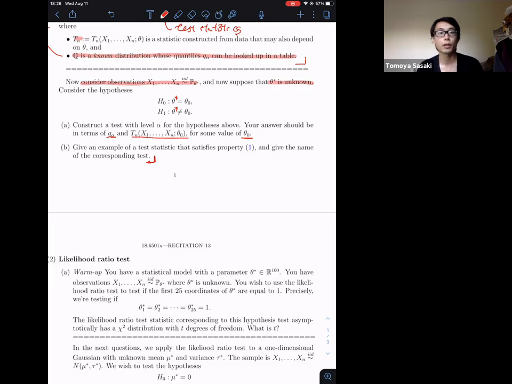The second question is to give a specific example that comes from this very general abstract setup. Give me a particular example where you can apply this framework and construct the statistics.